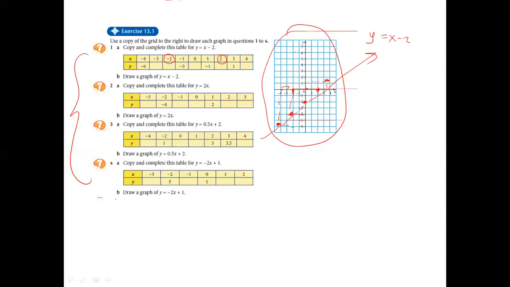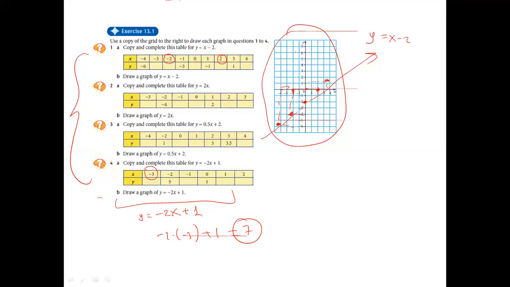For example, I want to do the last example because it's a bit more difficult, it has negative coefficients. So y is equal to, first of all, we need to know our equation: minus 2x plus 1. The first value of x is minus 3. Minus 2 times minus 3 is 6, and plus 1 is 7. So y is 7 when x is equal to minus 3.